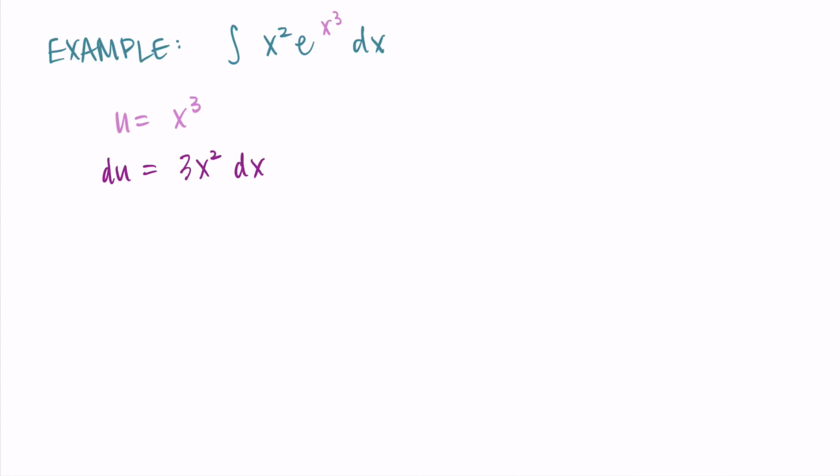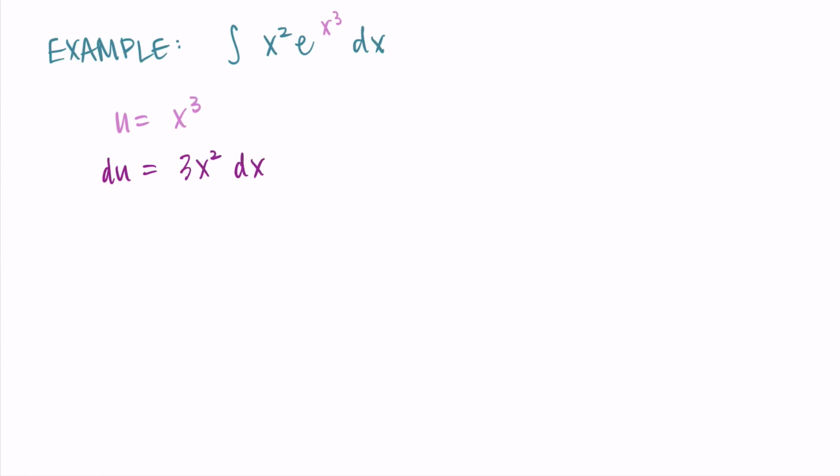So we actually could have used this second method on our first two example problems. I'm going to just return to those really quick and show you what that would have looked like instead. So on our first example, we were doing the integral of x squared times e to the x cubed dx, and we had a u as x cubed and our du as 3x squared dx. So here you might notice in the problem, I have an x squared dx.